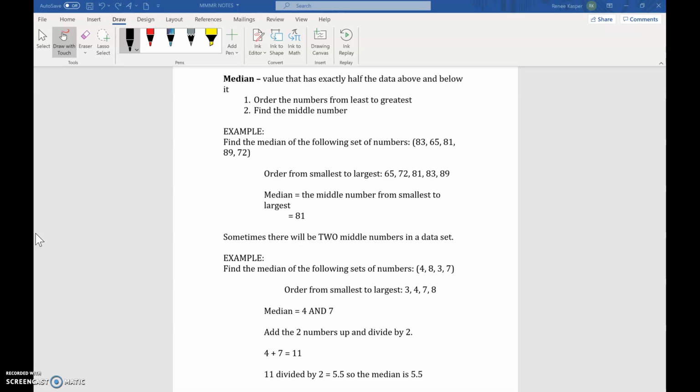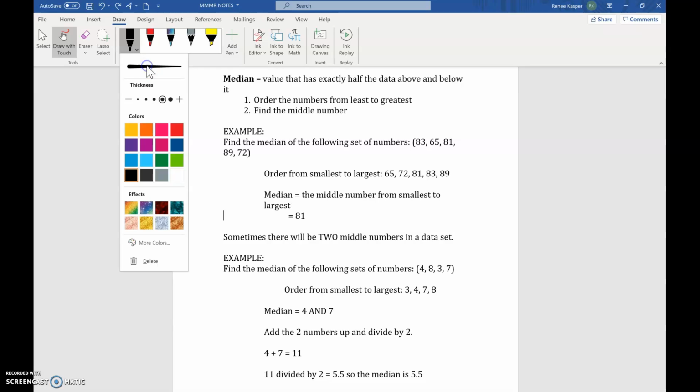So the example I have listed here, we have our set of numbers. So we have 83, 65, 81, 89, and 72. So first what I did is I ordered them from smallest to largest. So 65, 72, 81, 83, and 89. It's probably going to be easiest if you guys write these numbers down on paper first, because you're going to want to cross out the numbers.